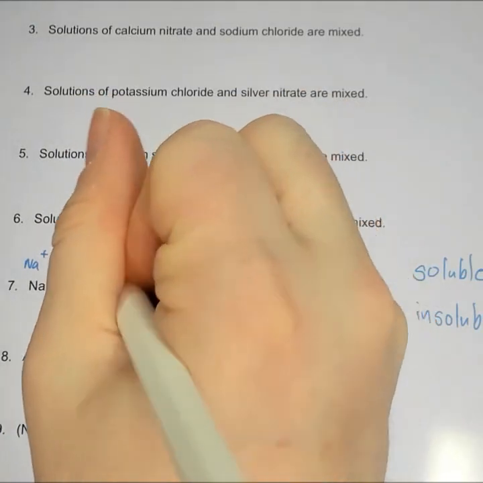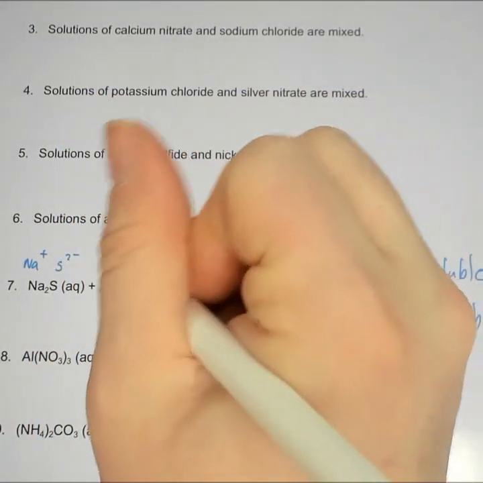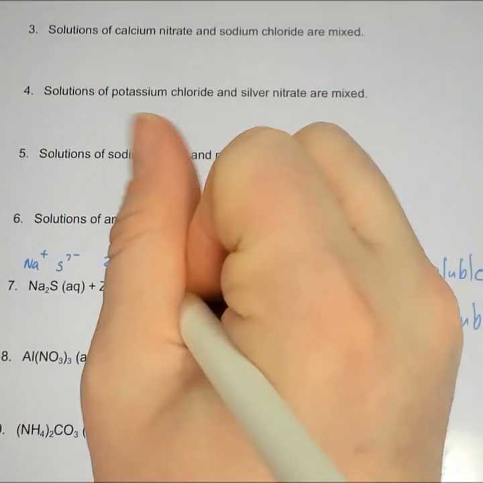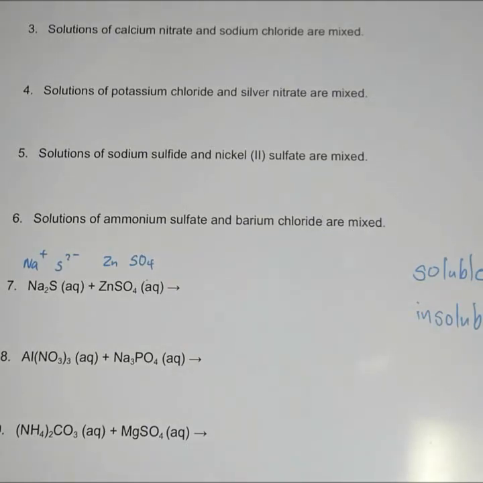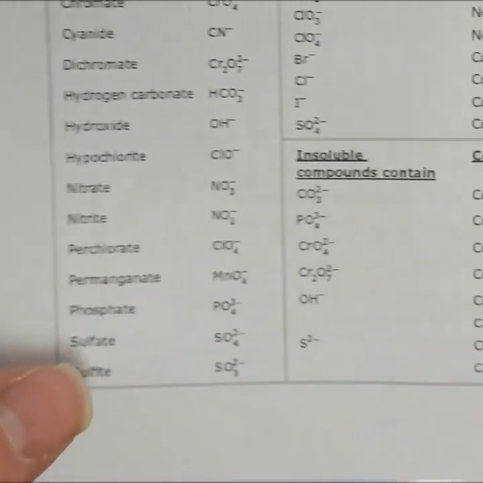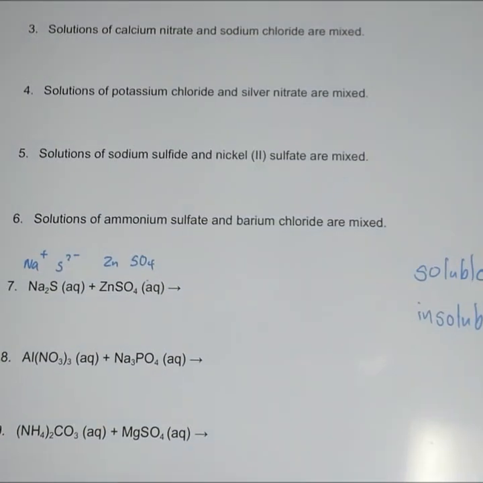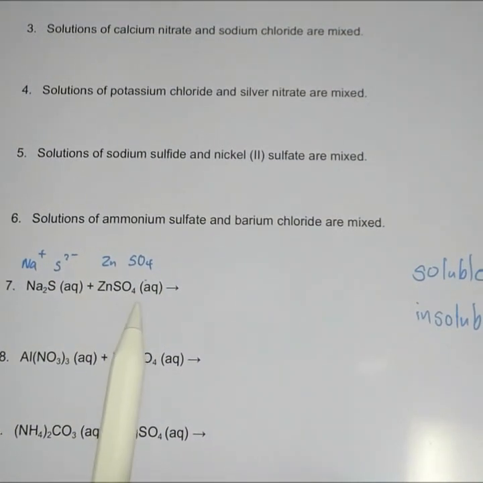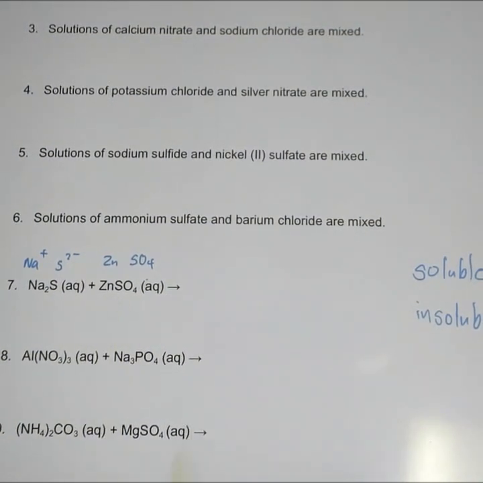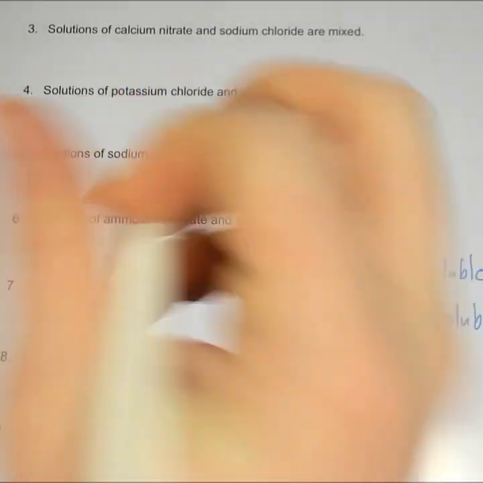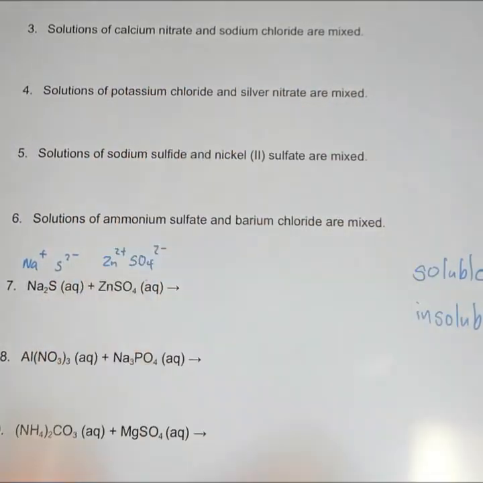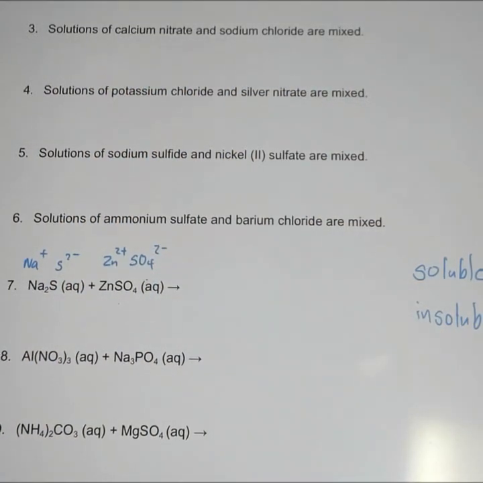And then I have zinc, which I don't know necessarily, and SO4. Sulfate has a 2-, and they cancel out, so that means zinc's going to be 2+. So always find your anion charge, because that will determine your cation if it's not on the periodic table.